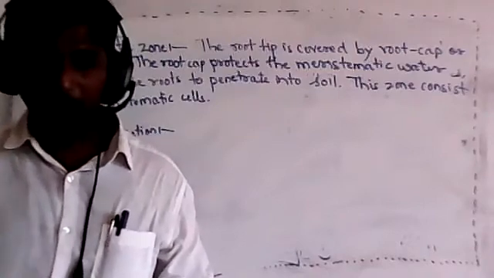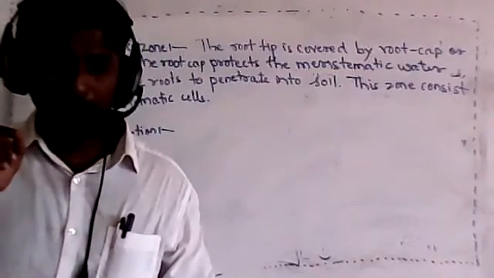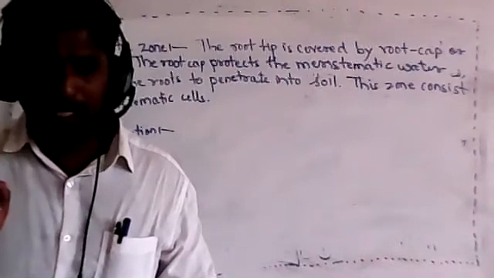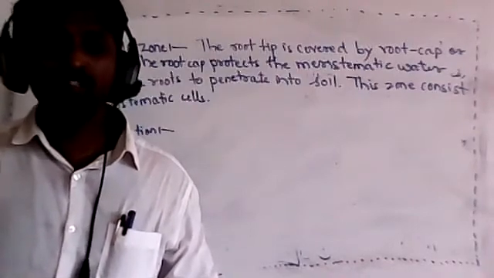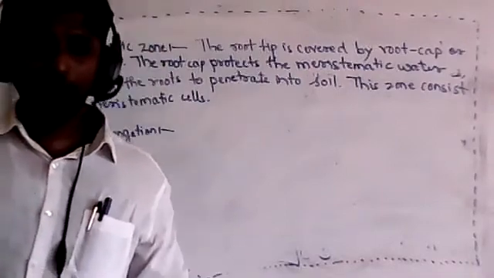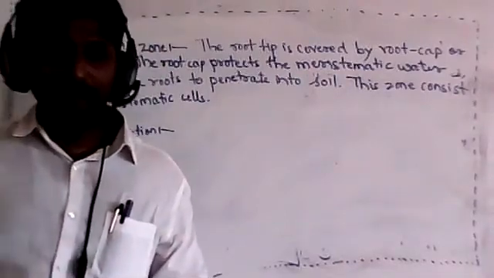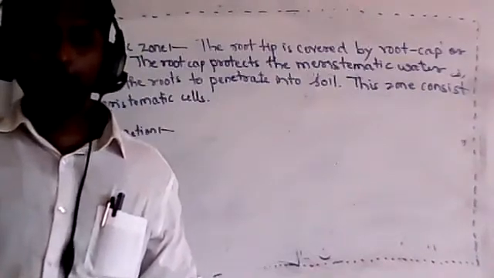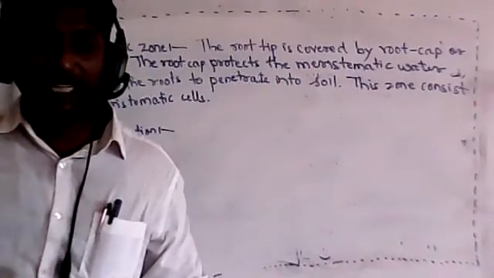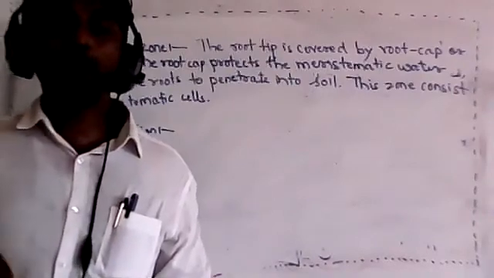Bracket open: this layer is the outermost layer protecting the root.